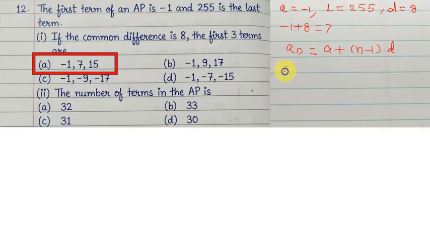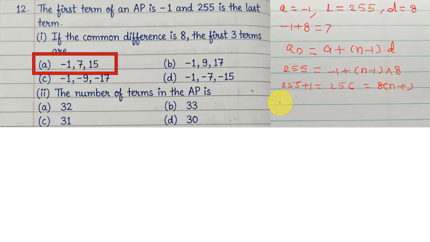Here a_n is 255, a is minus 1, and d is 8. 255 plus 1, that is 256, is equal to 8 into (n minus 1).